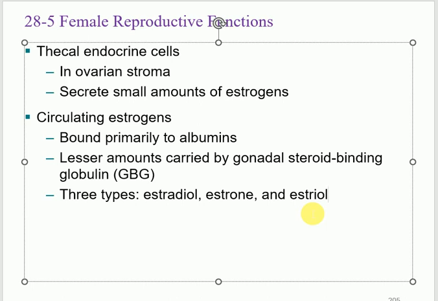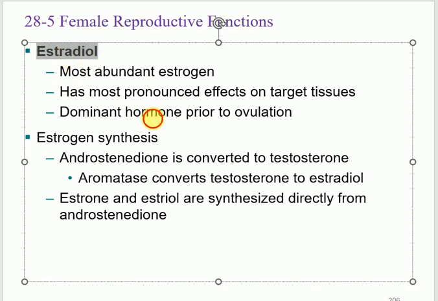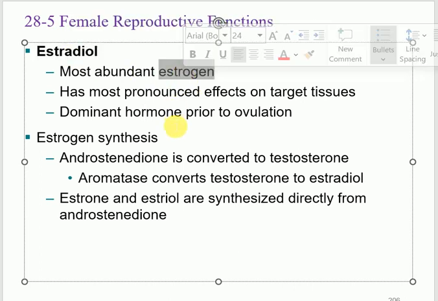Testosterone is the most important, most common one, but there are also other ones, like dihydrotestosterone, for example. Estrogen also has different types, like estradiol, estrone, and estriol. Estradiol is the main one, the most abundant, just like testosterone is the most abundant androgen.